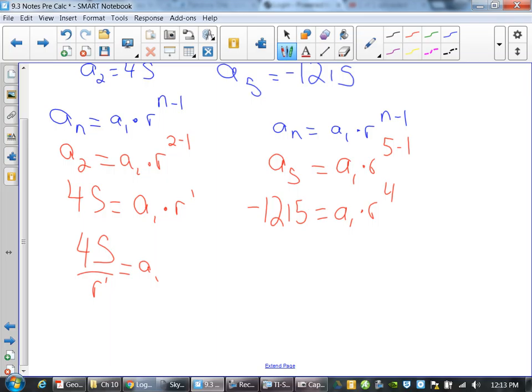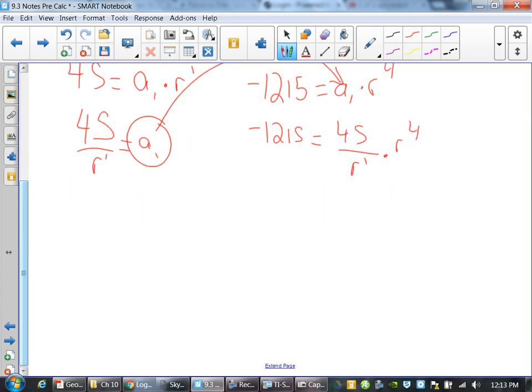And now what do I do with that? Substitute it to the other side. I wind up with negative 1215 is 45 over r to the first times r to the fourth. Well, good.